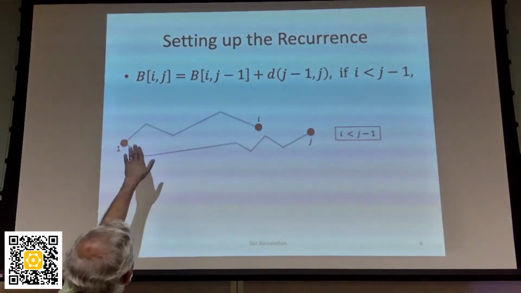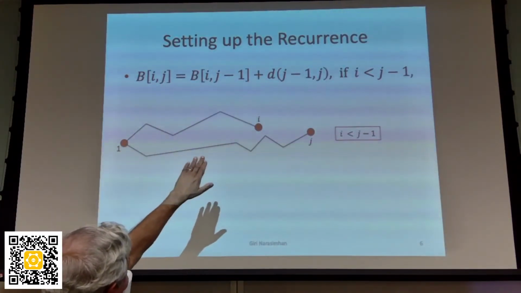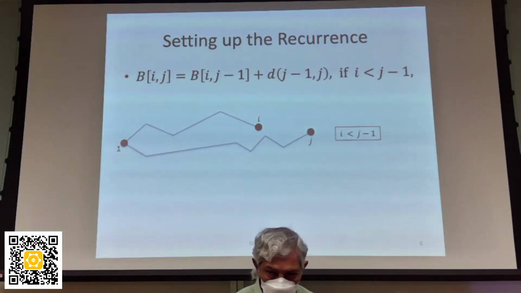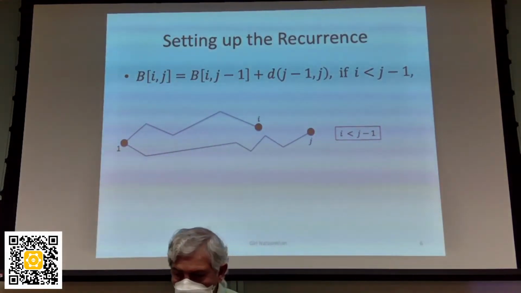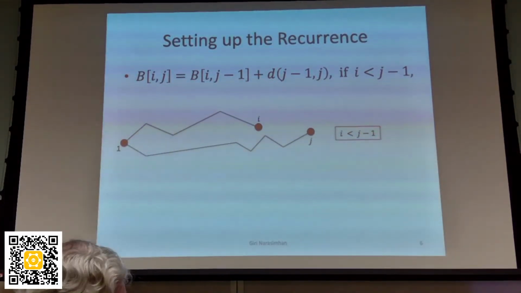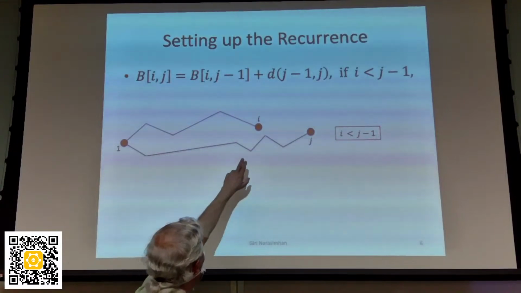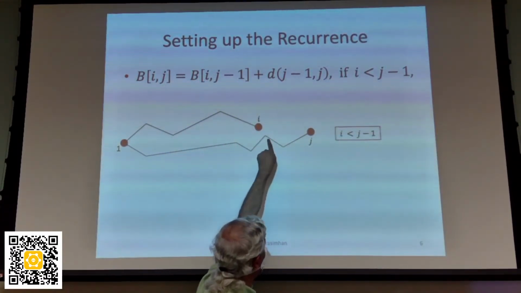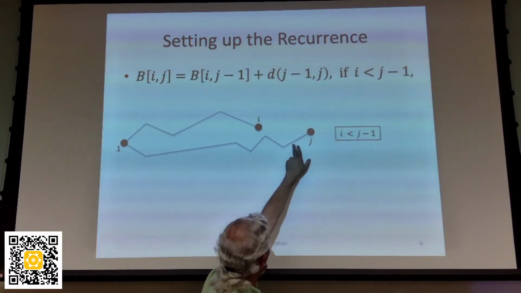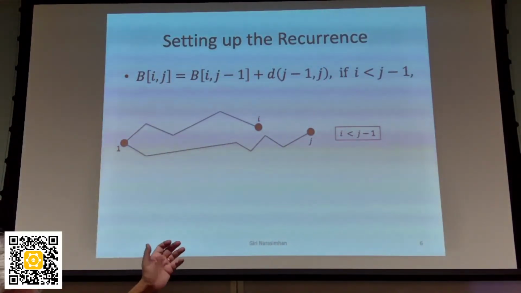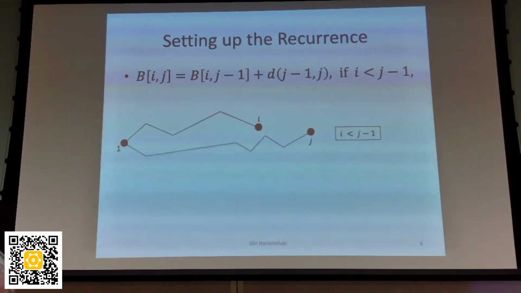So therefore, B(i,j) is B(i,j-1) plus this last edge. Okay? So this is the easy case. As long as i is less than j minus 1, there is no other way that can be done. It has to go this way. Everything between i and j must be part of this path, the lower path. Again, I'm just calling it lower here because of the picture, but really there are two paths. One is a little further ahead than the other, right?